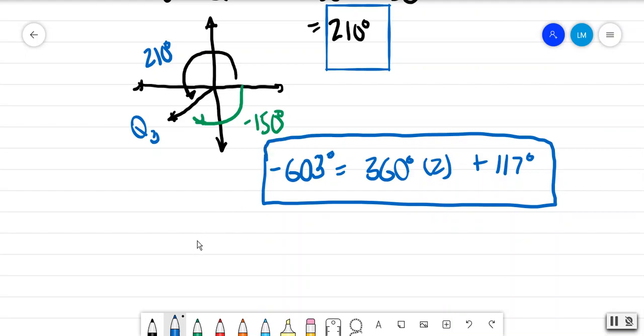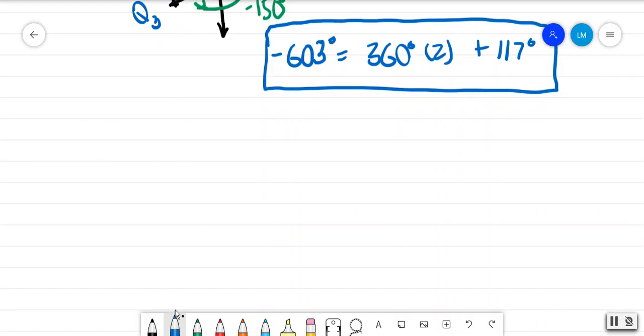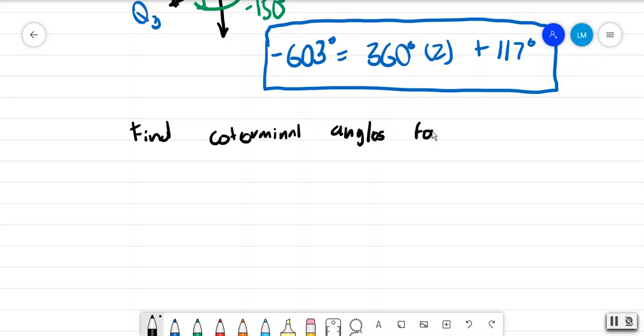Now, I would say, for example, try to find coterminal angles for, say, 0, 90, 180, 270.